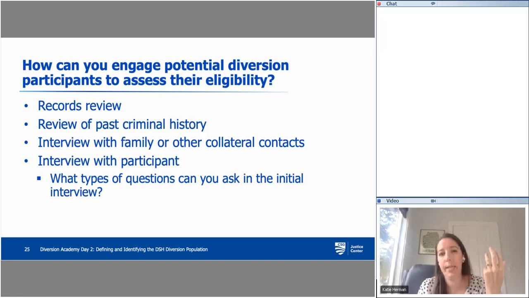Trying to get a sense of their insight into their mental illness, although having insight isn't a requirement to participate in DSH diversion, but that might be a different conversation. Asking about substance use: during the incident offense, were they under the influence of drugs or alcohol? Those are just some things to be thinking about when you're determining if someone is a good fit.